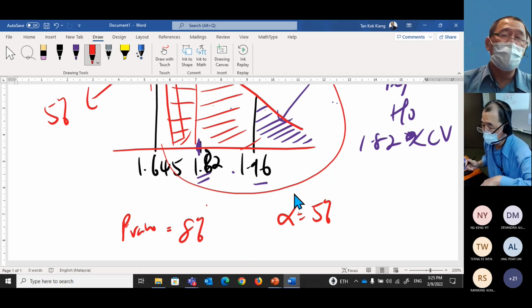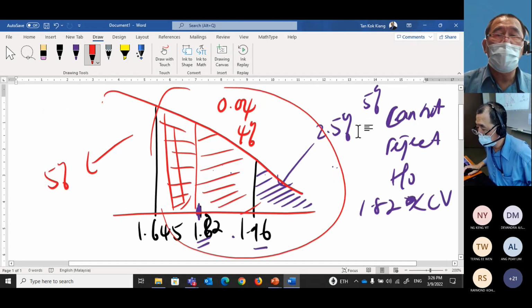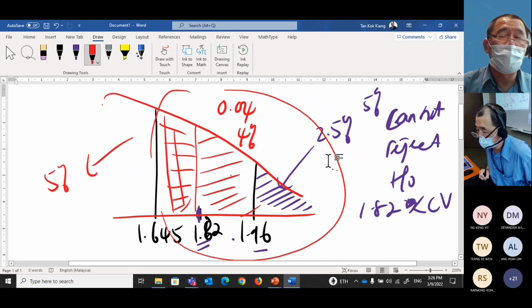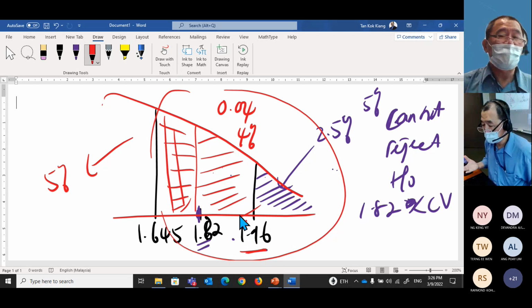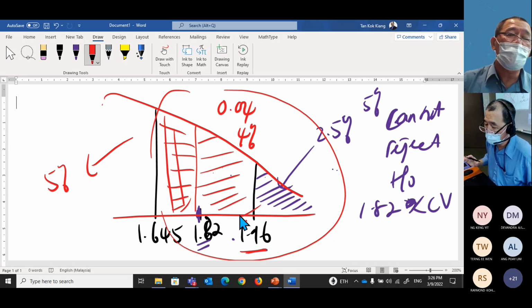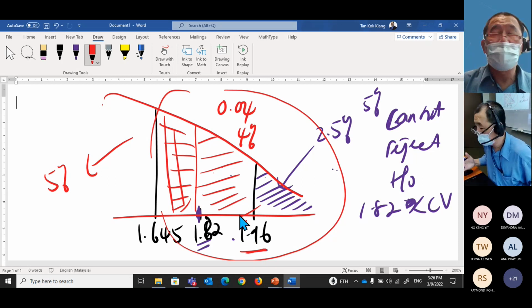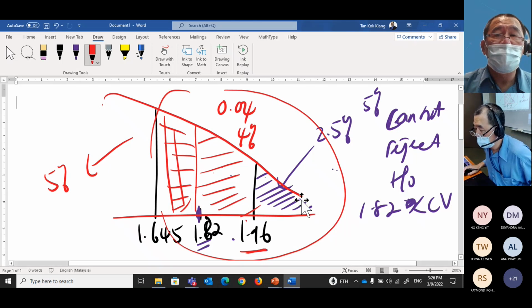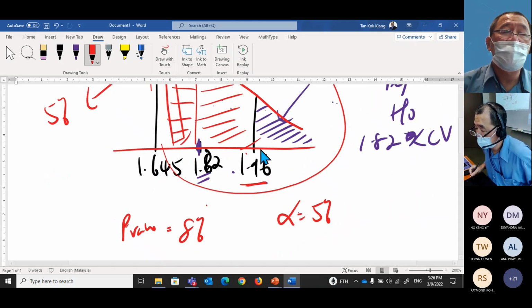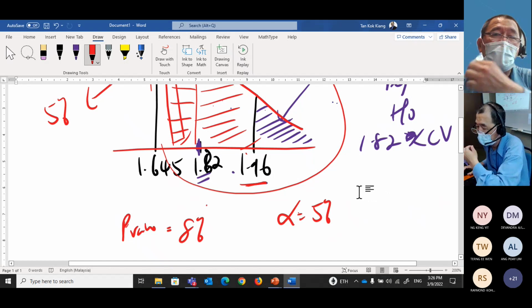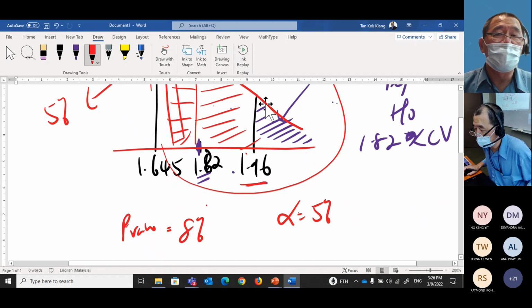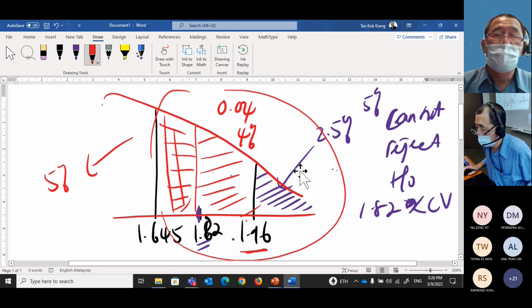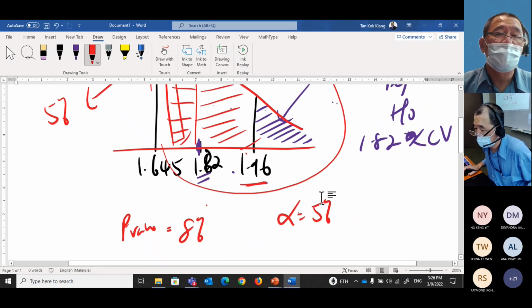So how do we compute this value? We use the table, it's the critical value. Therefore, we did not call it p-value; we call it the critical value. The area bound by this critical value, we did not call it p-value, we call it alpha. So alpha is 5%.